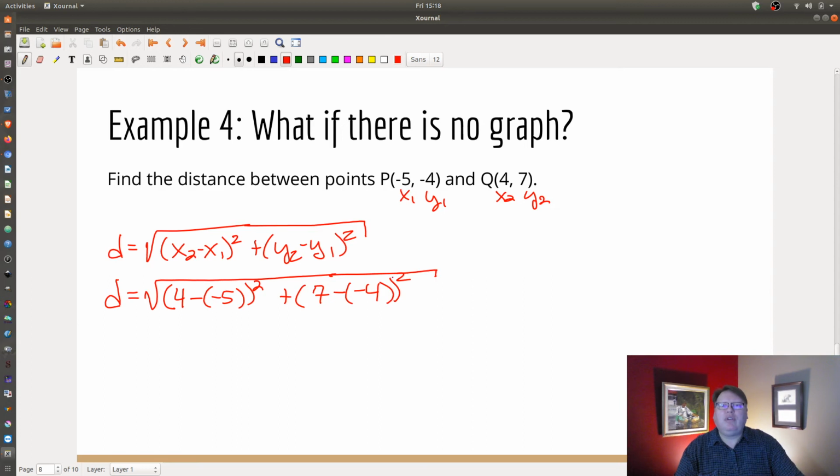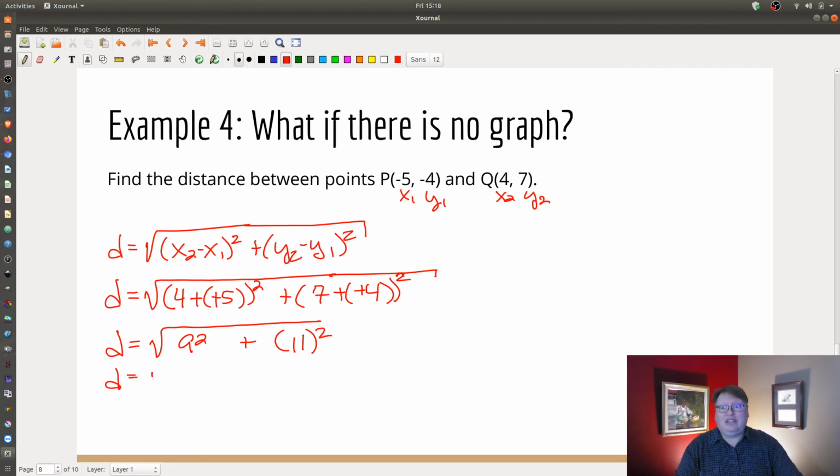I gave y'all very pretty numbers this time, didn't I? So D is equal to the square root of 4 minus -5, which is 4 plus 5, so that's 9 squared. And 7 minus -4 is 7 plus 4. Well, that's equal to 11 squared.